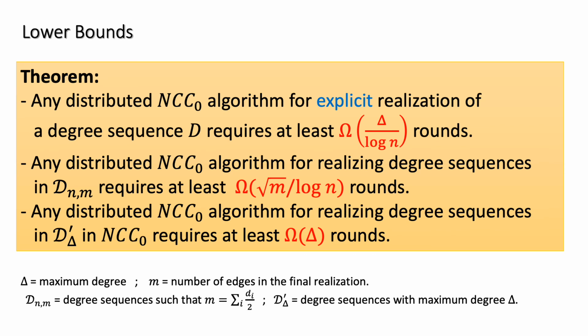We next give a brief presentation of our lower bounds without proof. Notice that all of our lower bounds are tight up to log factors with the algorithms we present. In explicit realizations, any distributed NCC0 algorithm for realizing a degree sequence requires at least omega of delta over log n rounds, where delta is the maximum degree.